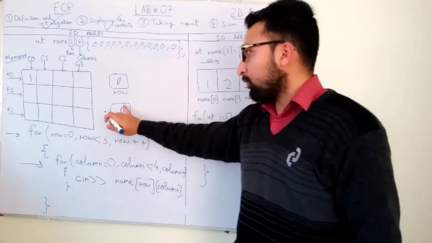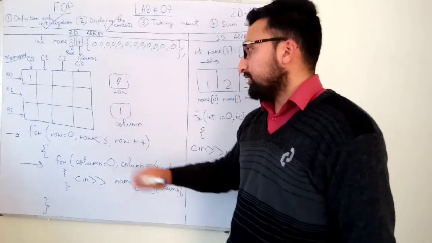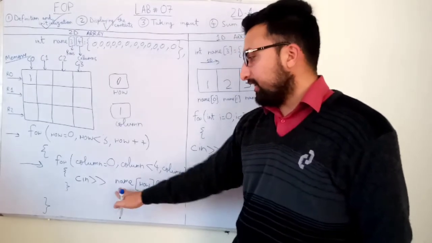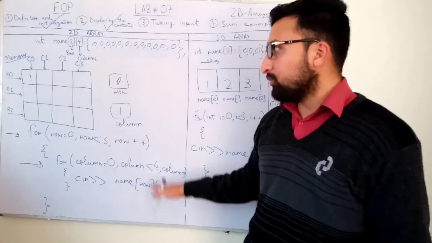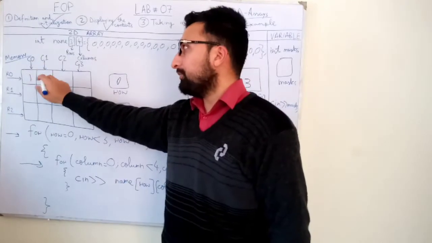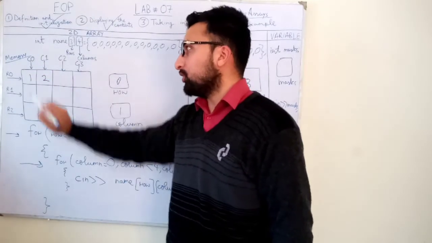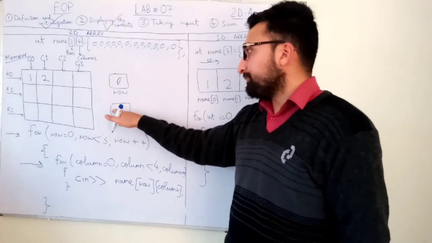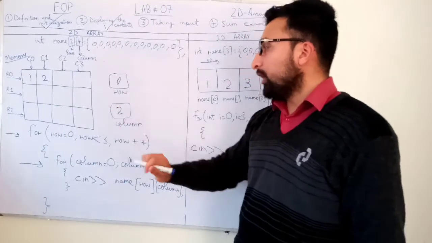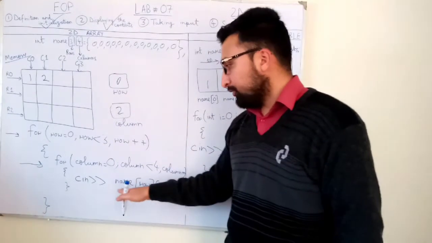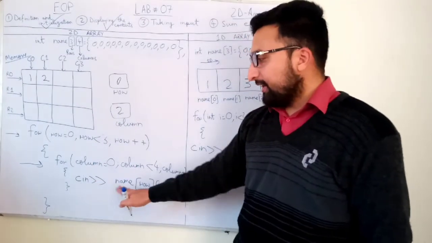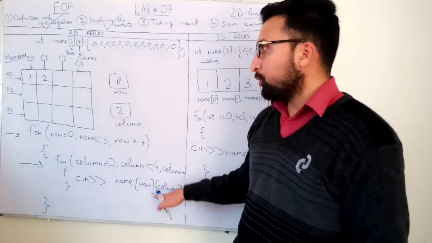Then the loop runs again, column becomes 1 now. Now we will be taking the input at name of 01. The row is 0 and column is 1, so row 0 and column 1 meet here, and the data will be stored here. Next it runs again, column becomes 2 now. Where we are taking input now is the place where row 0 and column 2 meet.